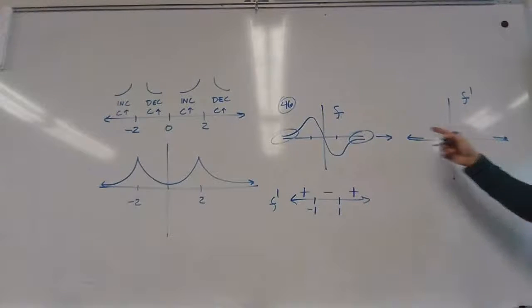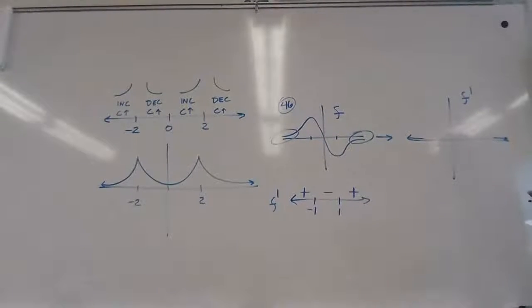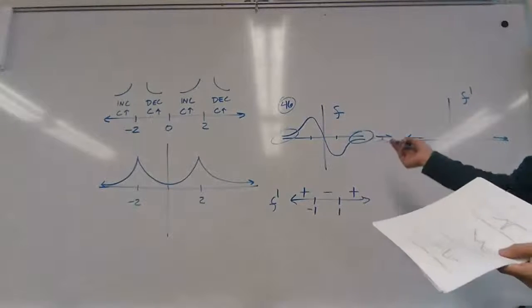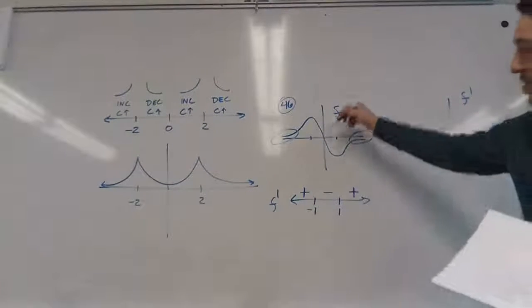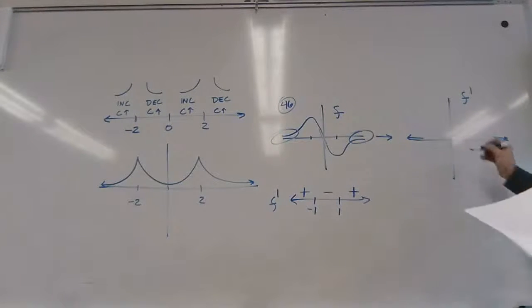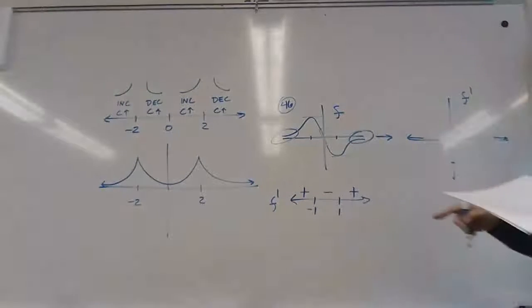Did that end behavior idea make sense? Then we're going to have a max, then a min, so it's a negative derivative there, right? And the derivative is equal to 0 at -1 and 1.